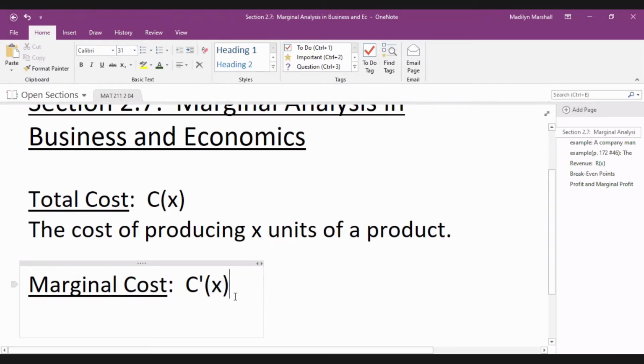So in this case, X is the units we're producing and not time.